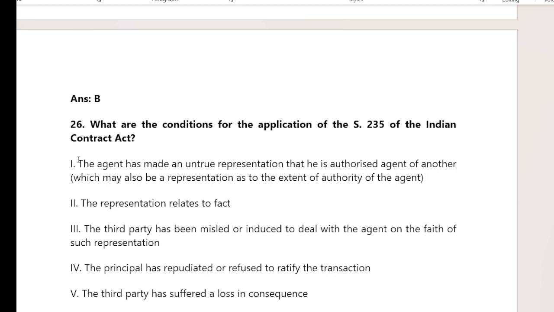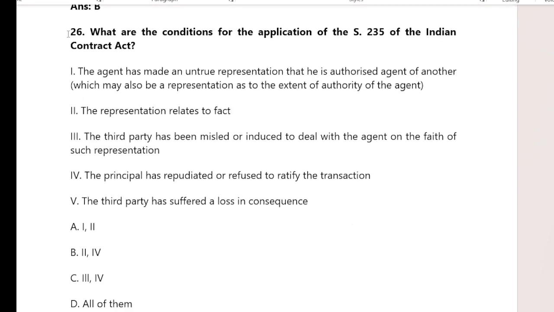And the next question is, what are the conditions for application of section 235 of the Indian Contract Act 1872? The statements: first, the agent had made an untrue representation that he is the authorized agent of another, which may also be a representation as to the existence and extent of the authority of the agent. And statement 2 is the representation relates to a fact.